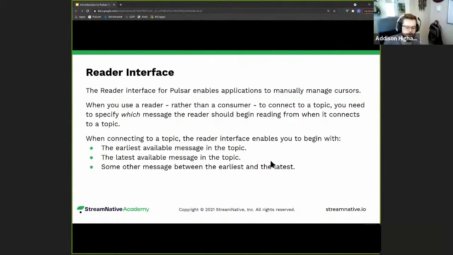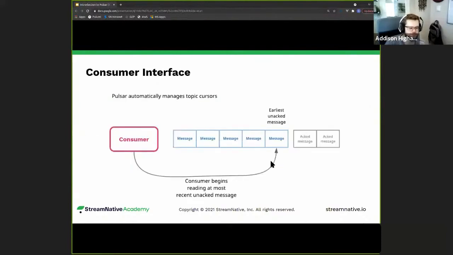And finally, we talked a little bit about the reader API. This API allows the consumer to read messages and specifically control its offsets, so where it's going to read from. That can be the earliest message, the latest message, or any message in between. Each time that reader connects to the topic, it specifies where it should be reading from.